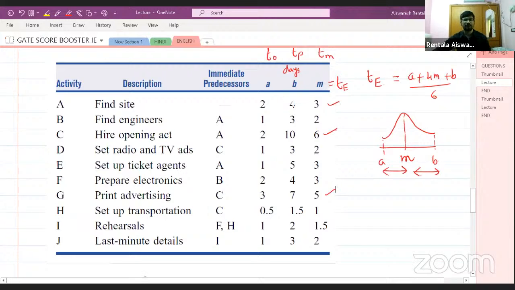So 2 minus 4 minus 2 will be 2. So it will be 2, 8, 4. Let me write.